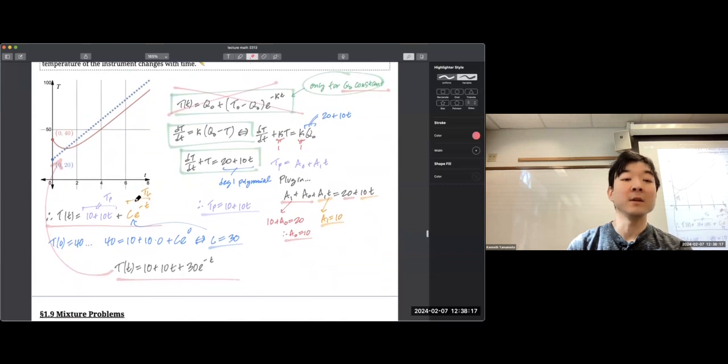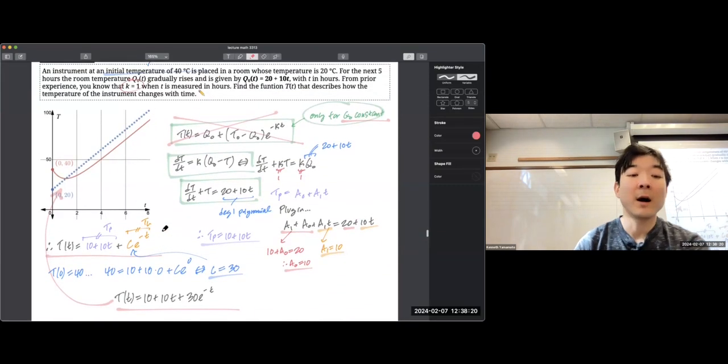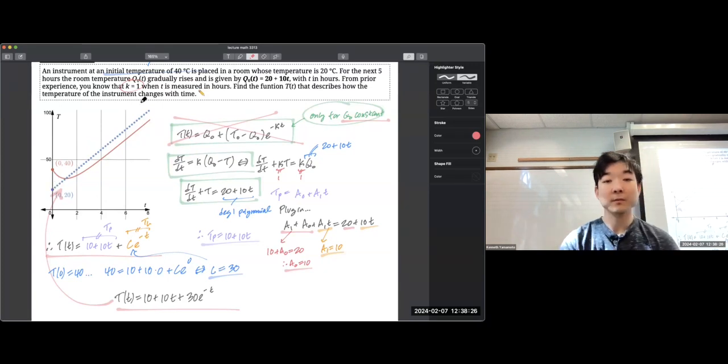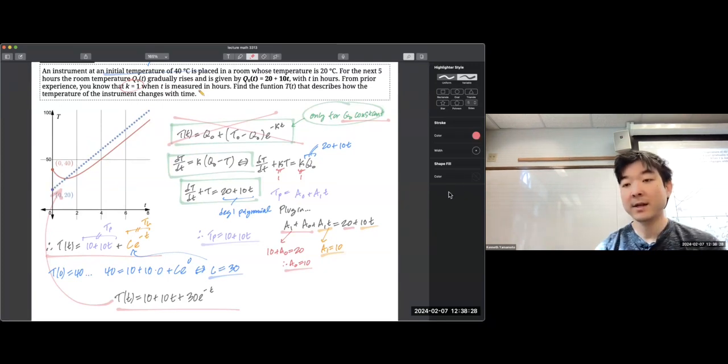And the reason is because the temperature of the surroundings, so the temperature of the room, is actually this blue. So I'll just underline this and say this Q naught right here, this 20 plus 10 times t, that's our blue dotted line.